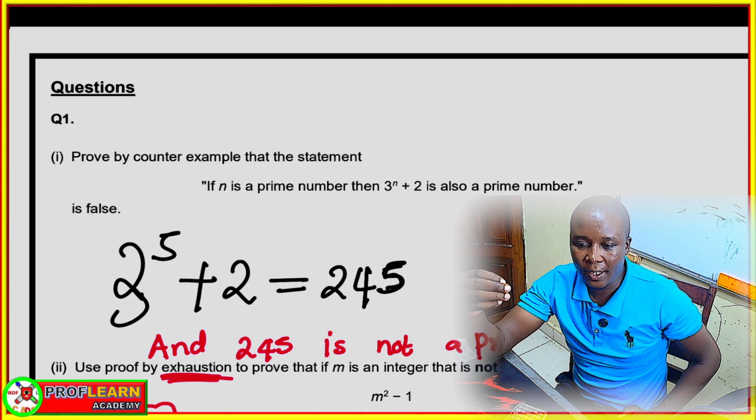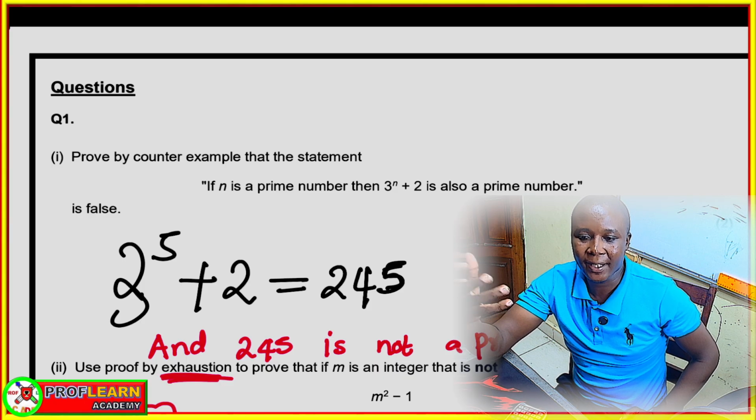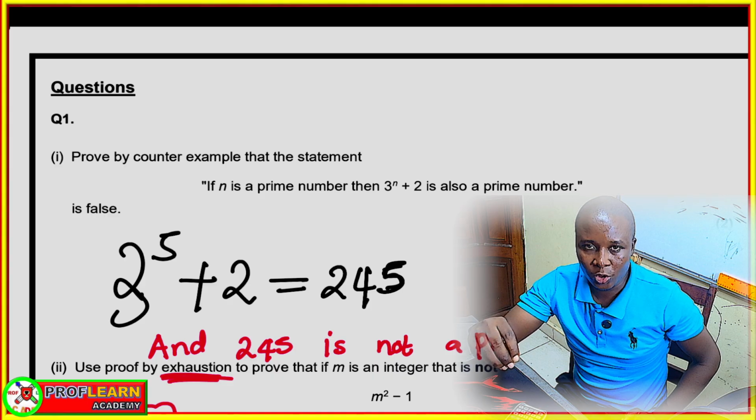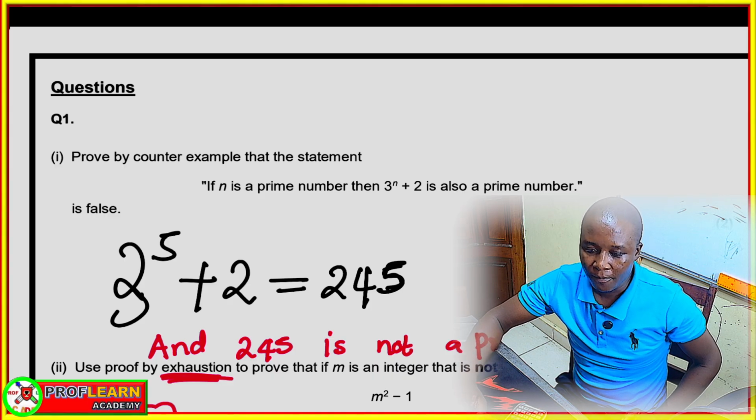You need to understand how to prove by counter example, meaning that you are going to give different values so that you can show that whichever statement you are being told is either correct or not correct. Then there's another one that is called proof by exhaustion, which we are going to see in a short while.